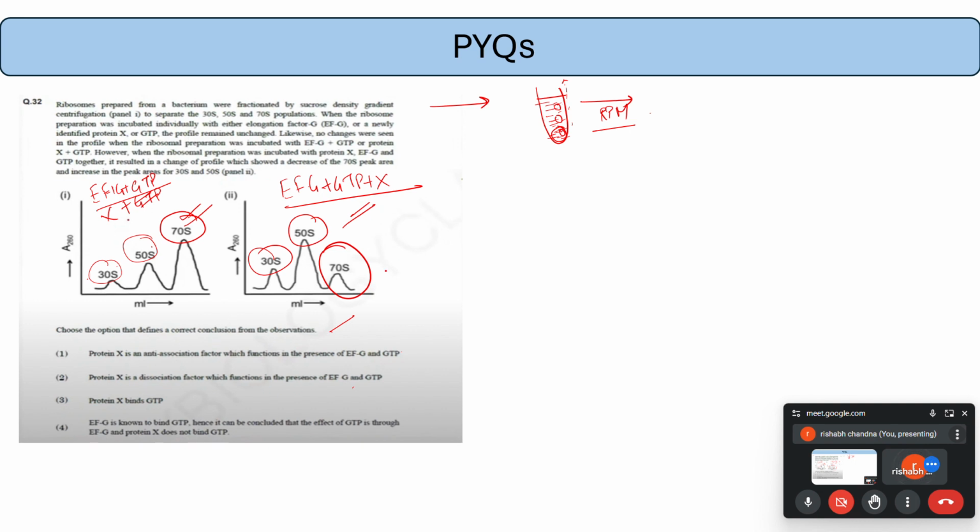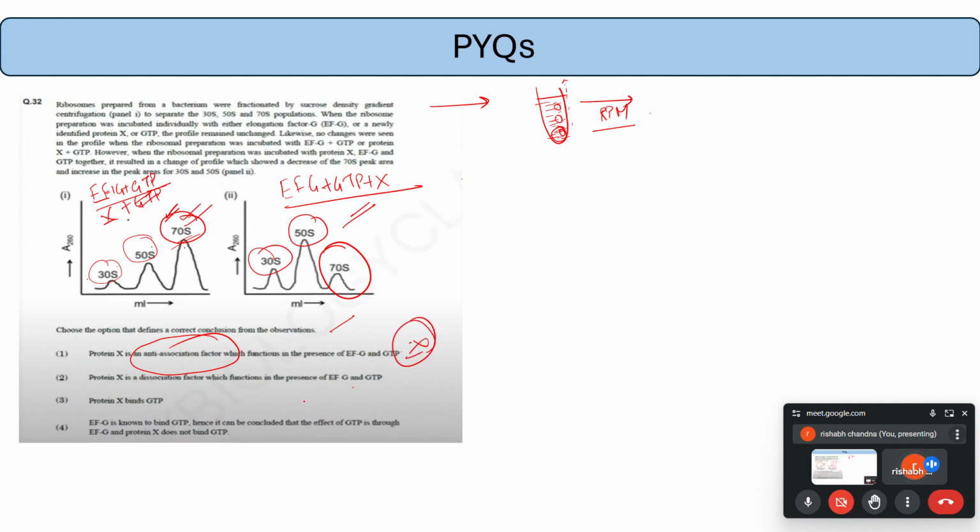Based upon the first option, here the 70S is associated in the presence of X, GTP, EFG, or GTP alone. So this protein will not be an anti-association factor, because it cannot inhibit the association of the 70S. So the first option is wrong.